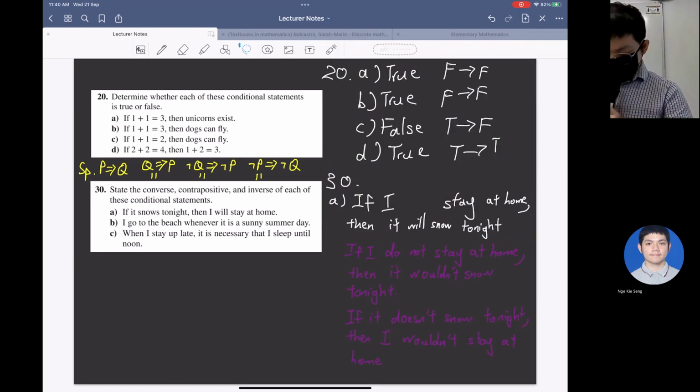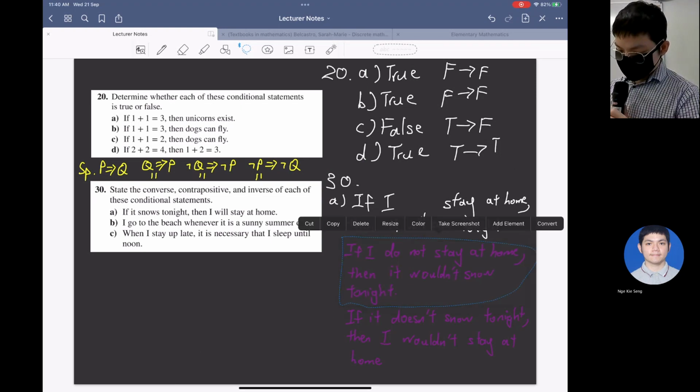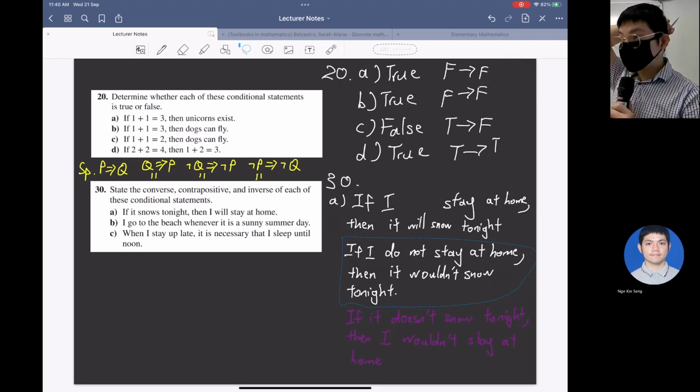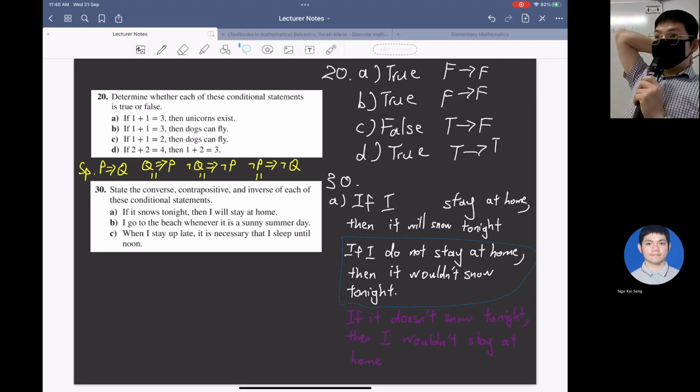Okay, next, what's the contrapositive? If it's not... Okay, maybe we will say if I do not stay at home, then it won't snow tonight. If I do not stay at home, then it won't snow tonight. This is the contrapositive.